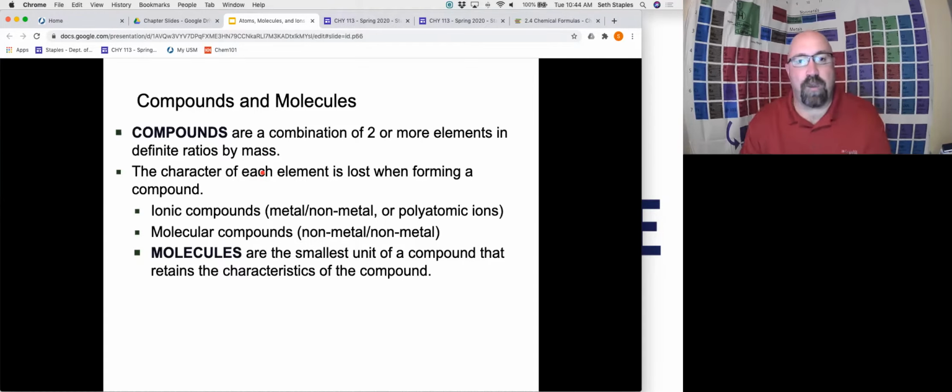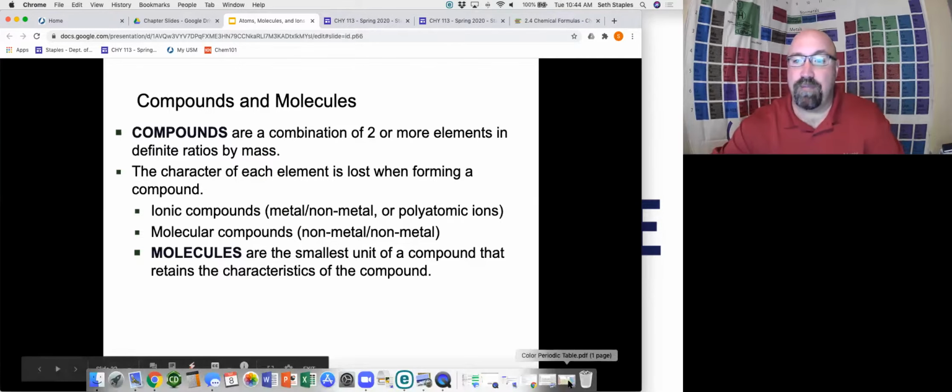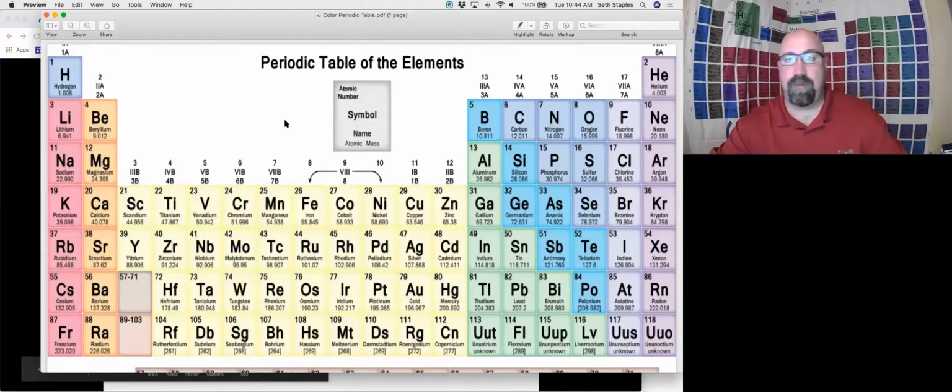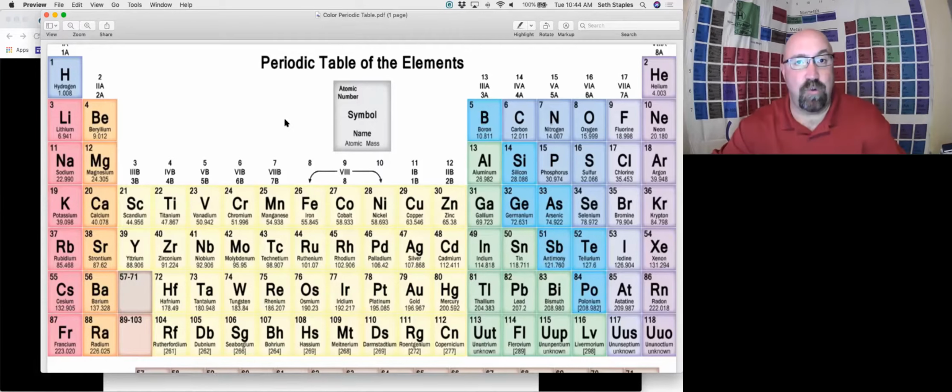We also have what we call molecular compounds. A molecular compound is when a non-metal and a non-metal come together. So something like, let's pull the periodic table back up here, something like H2O, something like water. Remember that hydrogen, even though it is over here, is a non-metal. Oxygen is over in our non-metal region of the periodic table. And so H2O is something we would consider to be a molecular compound.